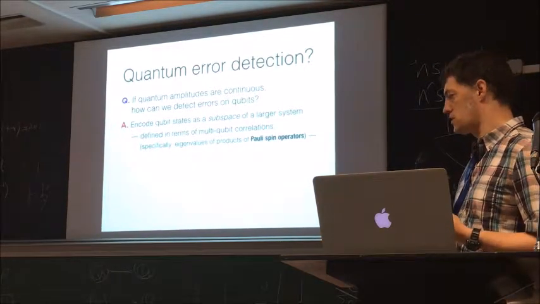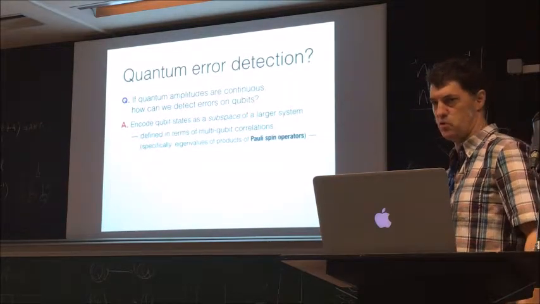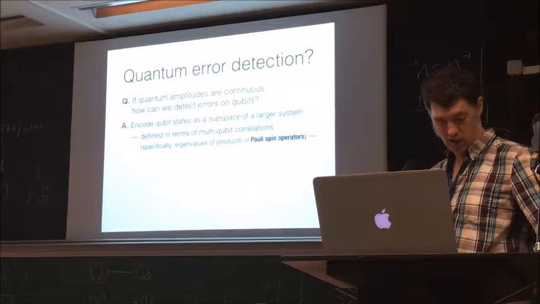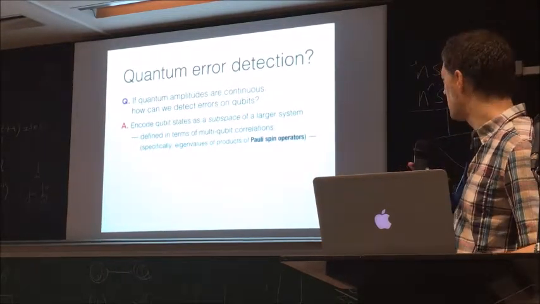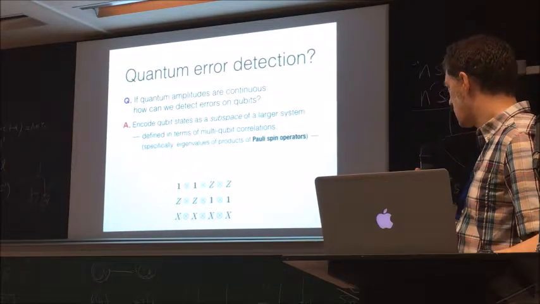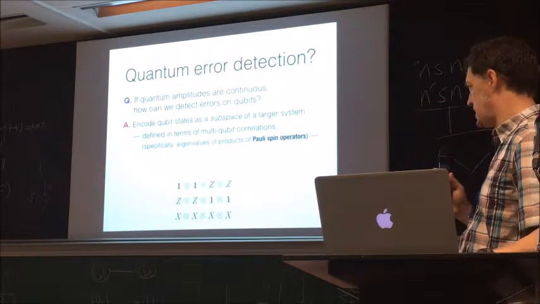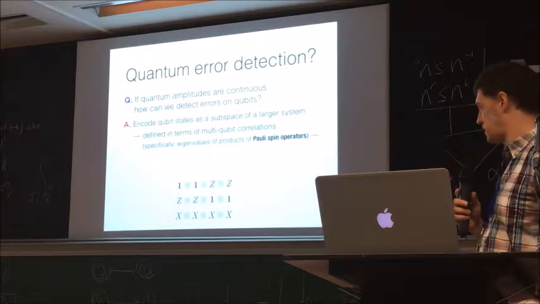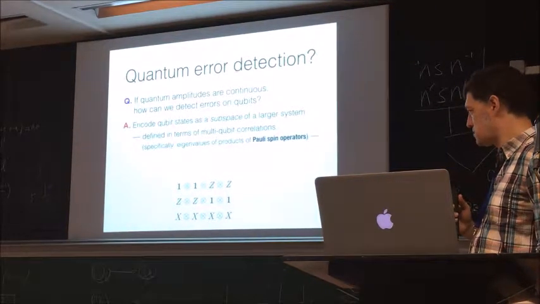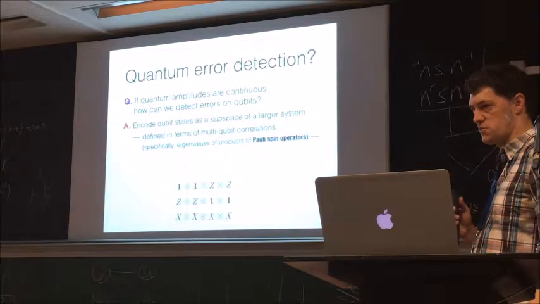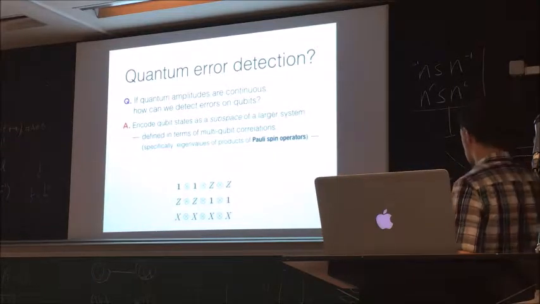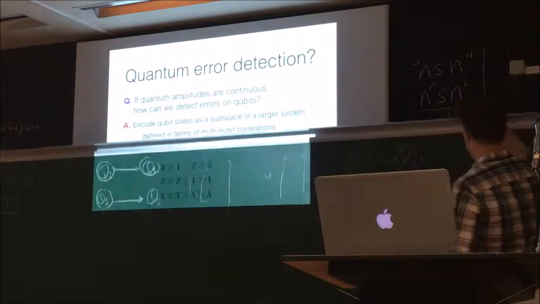So, Pauli spin operators. I'm not going to assume that most of you know much about Pauli spin operators, so I'm actually going to tell you a little bit about them. Here we've got Z and X matrices, with the normal tensor product. The Z matrix you can think of as basically describing a feature of the standard basis. I may as well write it here.